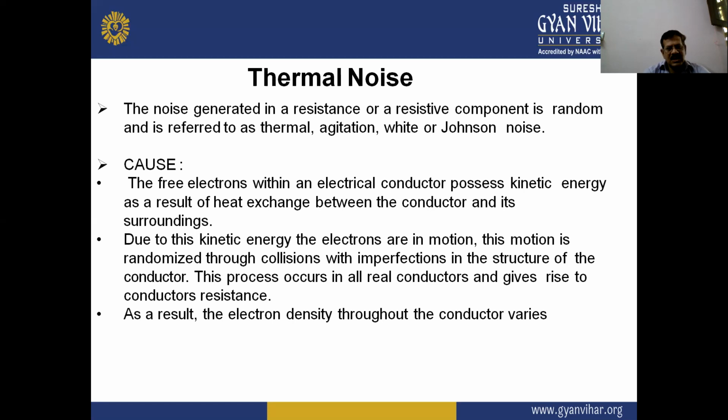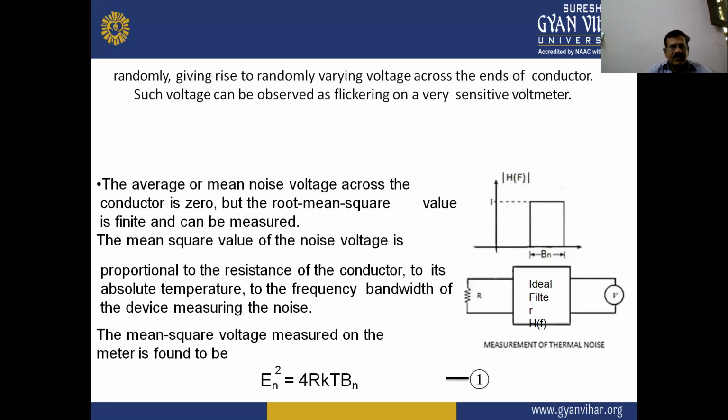Third, as a result, the electron density throughout the conductor or semiconductor varies randomly, giving rise to a randomly varying voltage across the ends of the conductor. Such voltage can be observed as a flicker on a very sensitive voltmeter.